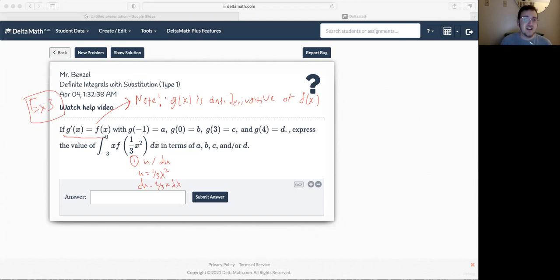And I want this x dx to be by itself, so I'm going to multiply both sides by 3/2. So I'm going to get that 3/2 du is equal to x dx.